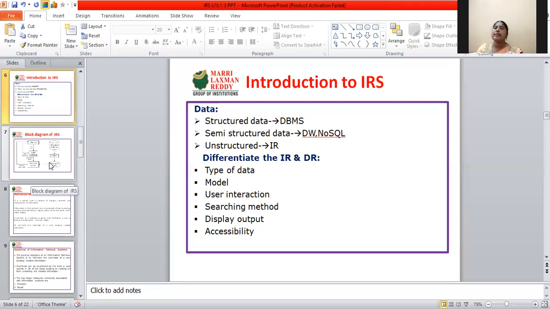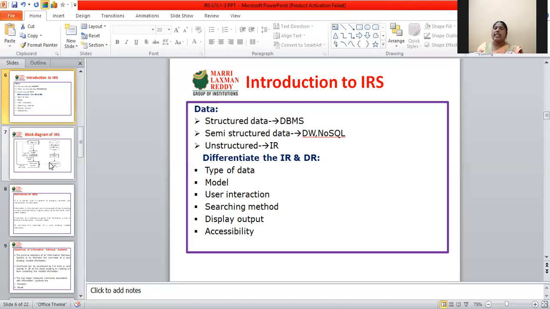In the deterministic model, we have storage of the data and accessing of the data. In the probabilistic model, we have to find out the prediction. This is the difference between the model of IR and DR. And the next one, user interaction.